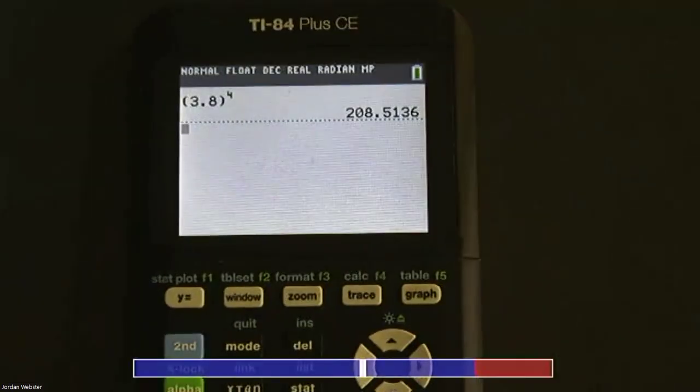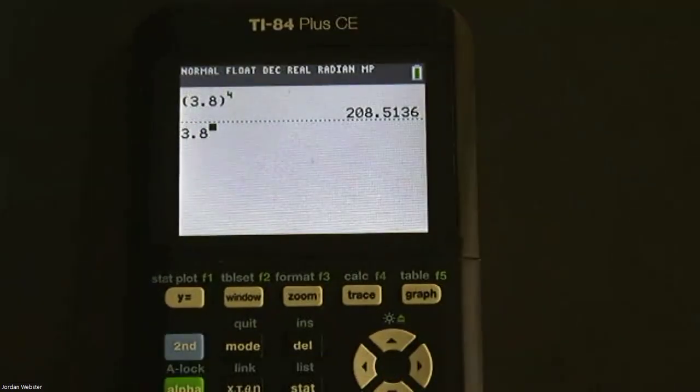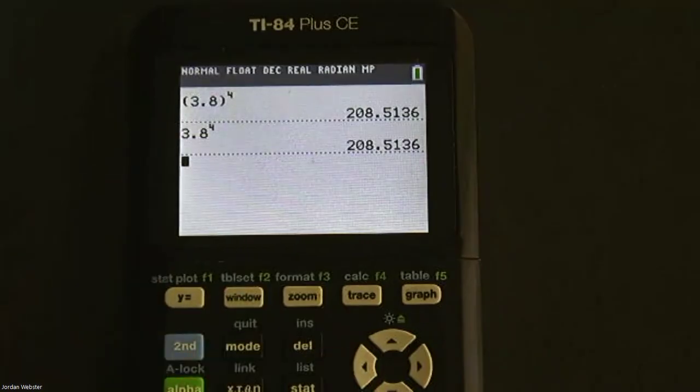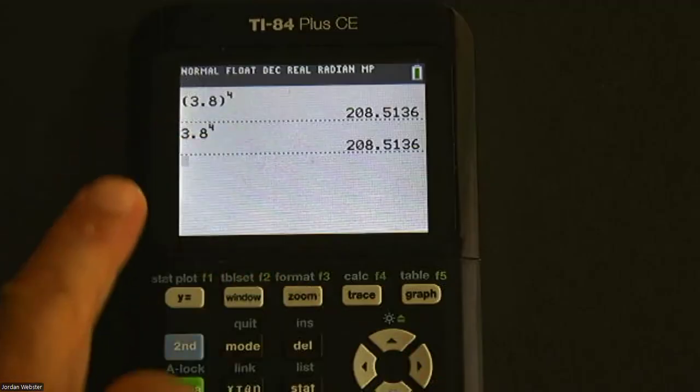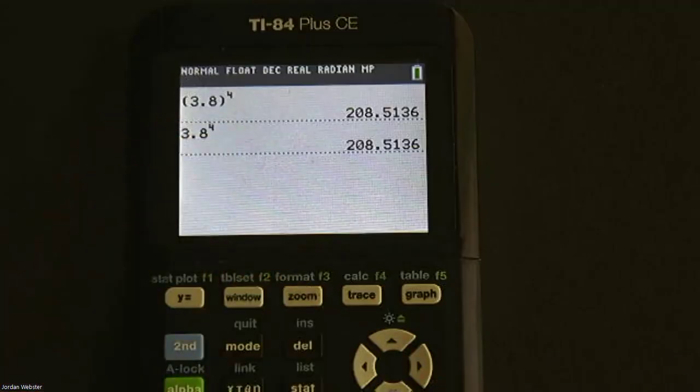If I do the same thing without putting parentheses, it'll give me the same thing here. My calculator will know to take 3.8 raised to the 4th power. In some cases, it's important that I have parentheses around that.